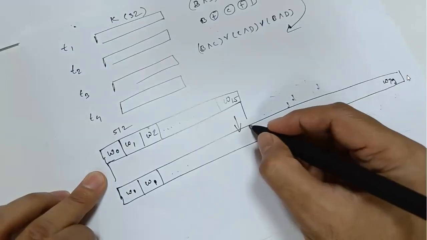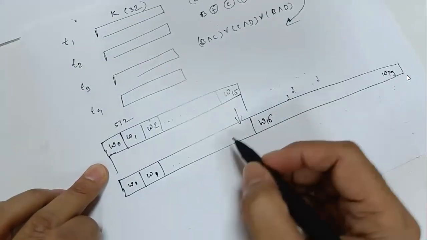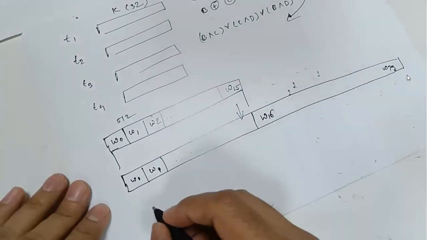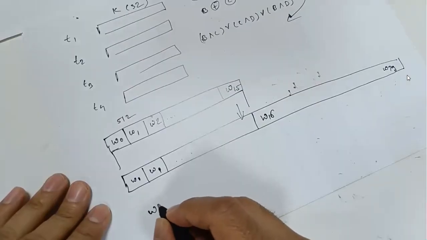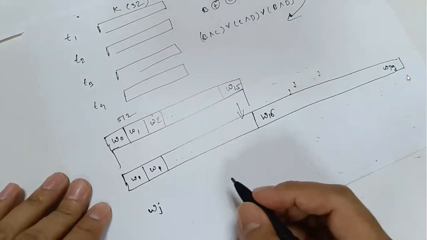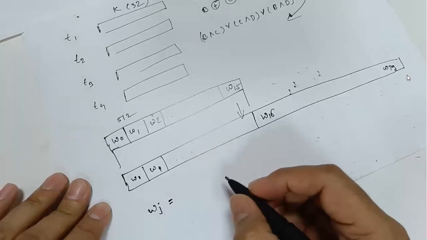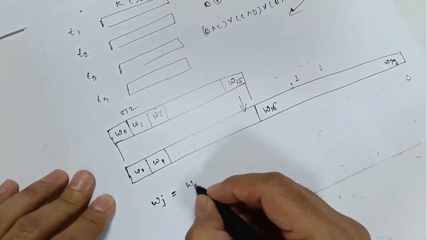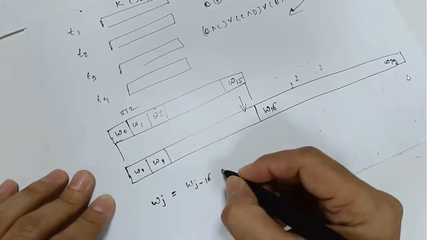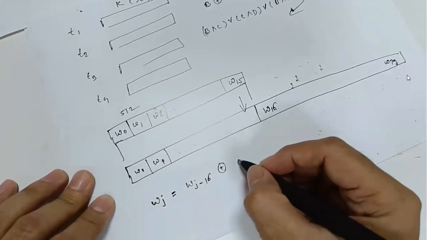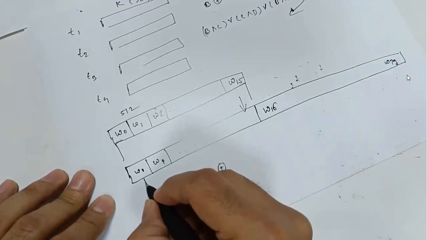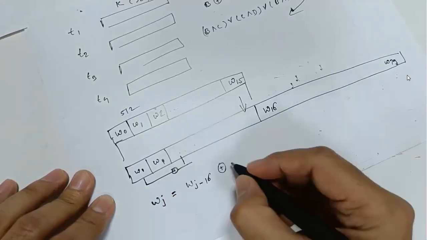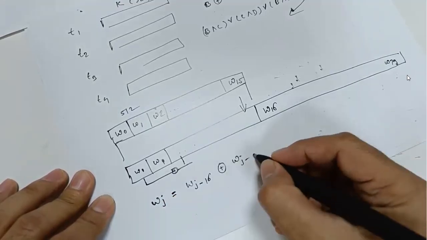But for the next one, W16, you'll have to work on these words. Let us consider the new index as WJ. How will you calculate WJ? WJ is calculated as WJ minus 16 XOR, so you take the first word, XOR it with WJ minus 14.